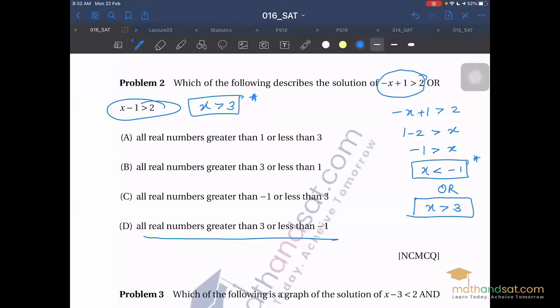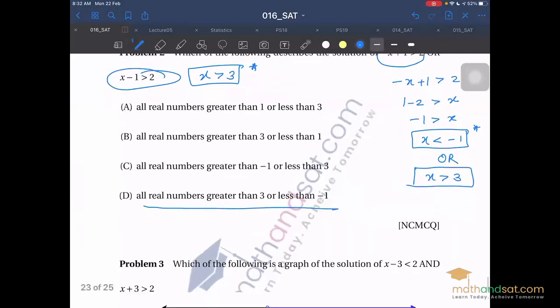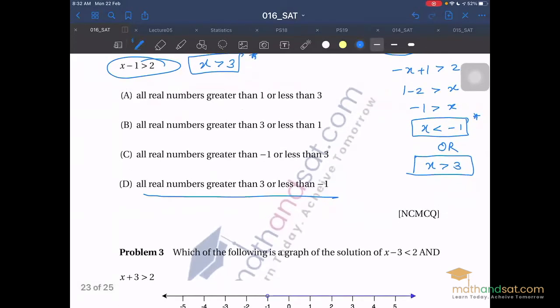So D is our answer: all numbers greater than 3 or less than -1. Can you represent that on the number line? We have 0, 1, 2, 3, 4, -1, -2, -3.